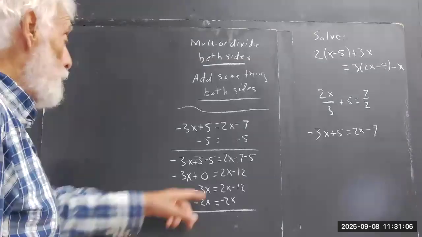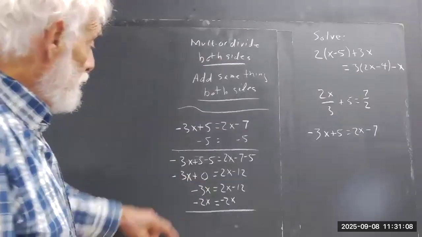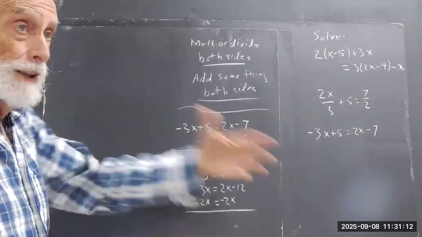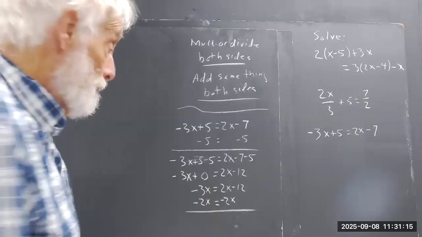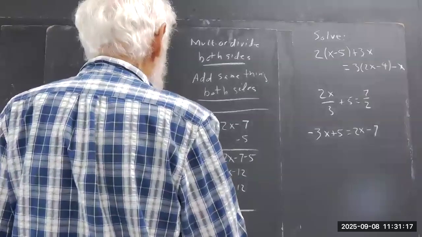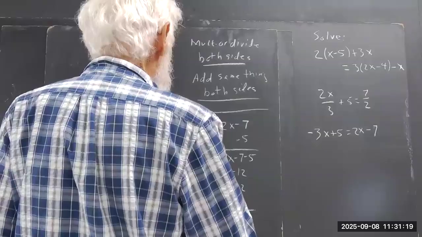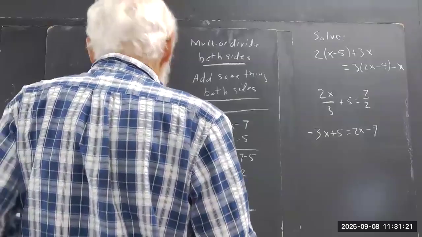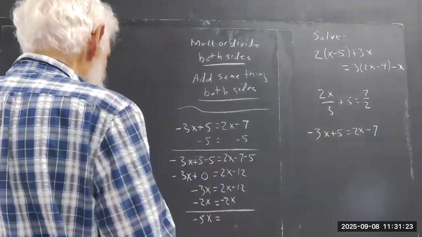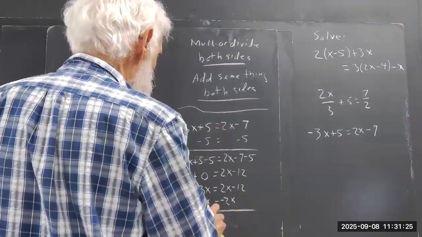For 2x, no matter what x is, and then we have -2 of them, that gives us -5 of them, right? So we get -5x equals that. You know, I'm skipping a step that I'm going to choose not to skip.